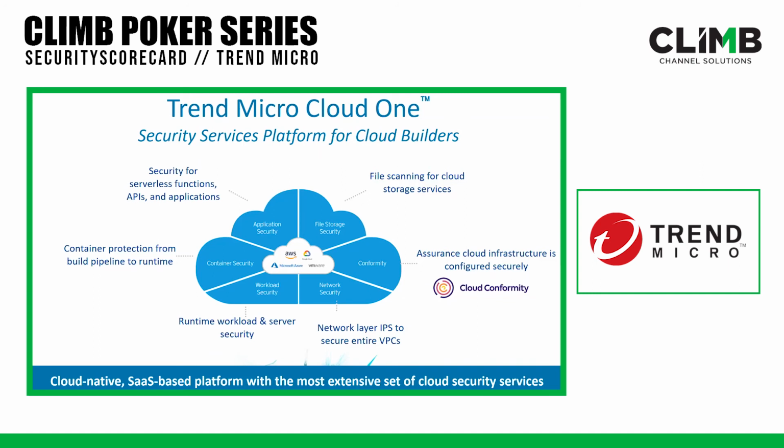You can see here in this graphic, we have IPS, we have workload and server security. All those are familiar faces because we already have those in our traditional offering. So we've put them in a SaaS format and built them specifically for the cloud. So it really does a great job protecting that environment.